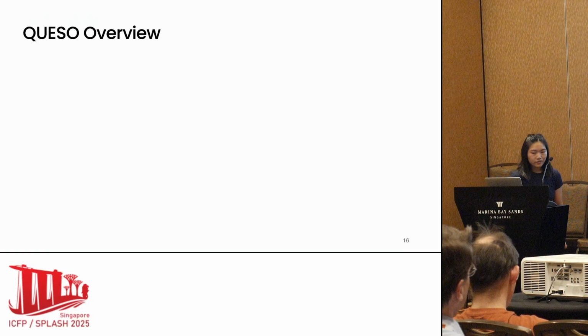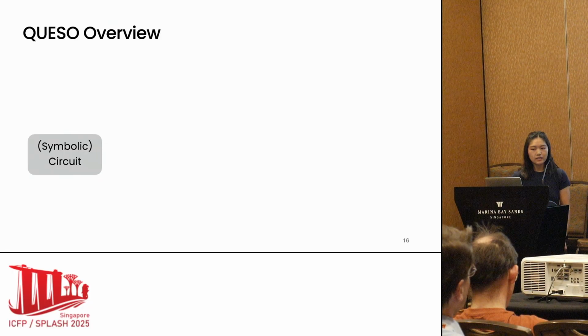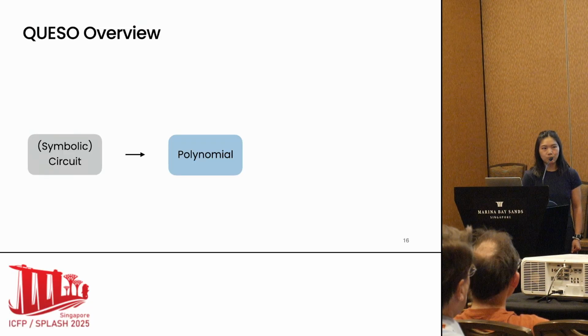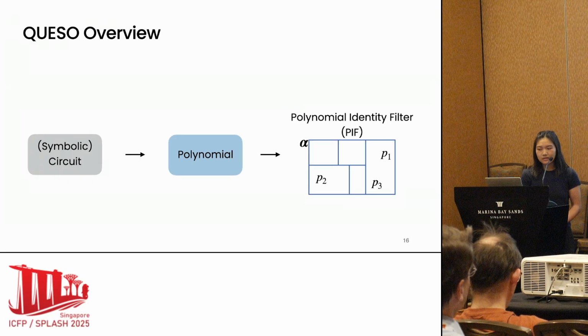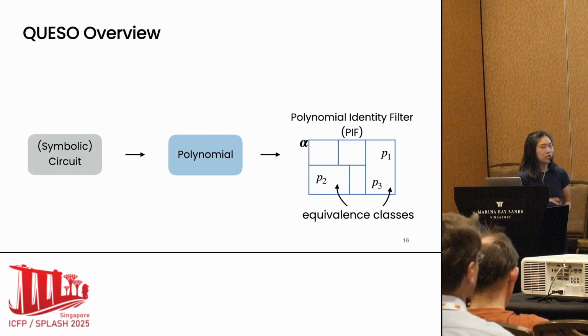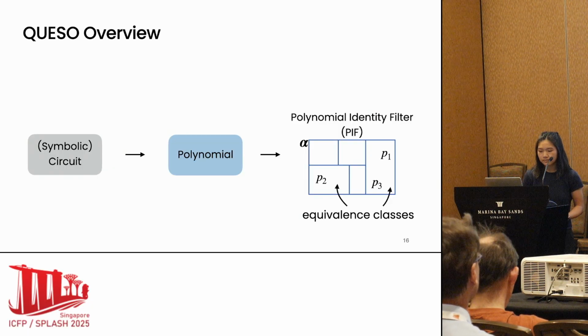So the overview of our approach is that we're going to take a symbolic circuit. We're going to have a procedure of representing its semantics as a polynomial. And why do we want to do this? Well, because then we'll introduce this data structure that makes it very easy to group polynomials into equivalence classes. And we call this the polynomial identity filter.